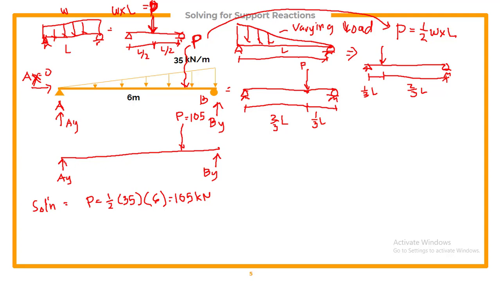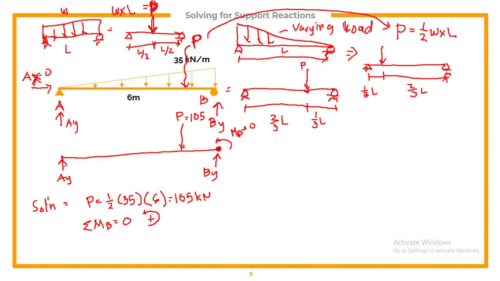Now let's set our reference point. We could set this A as the reference point or B. Same as before, let's set B as the reference. Therefore, the moment at B is always 0. So the summation of moment at B equals 0. Counterclockwise rotation is positive, or you can assume negative, it depends on you.